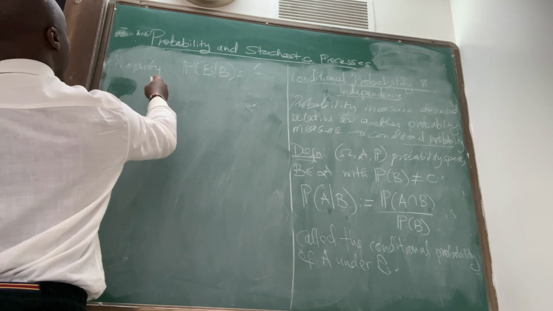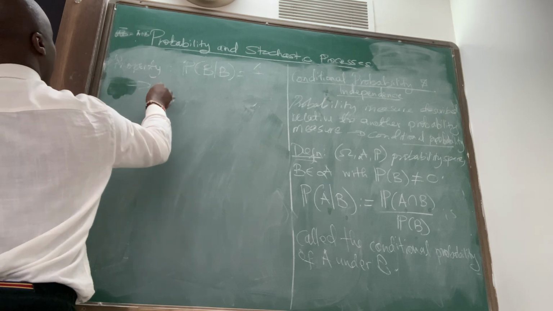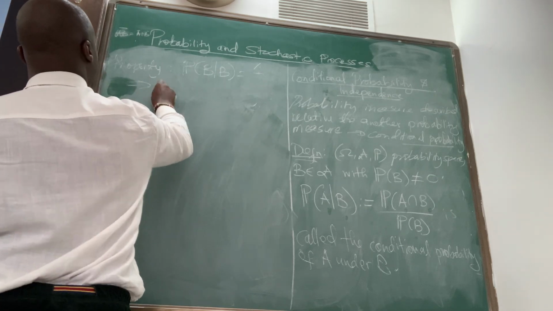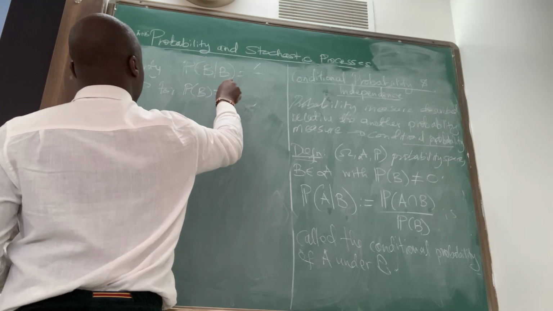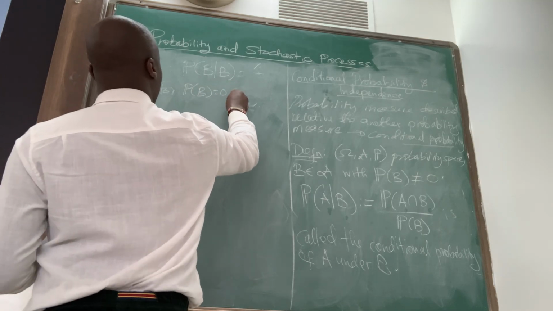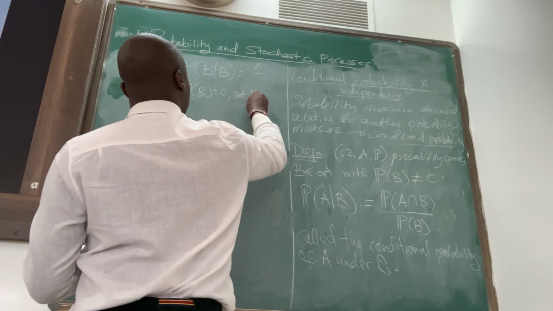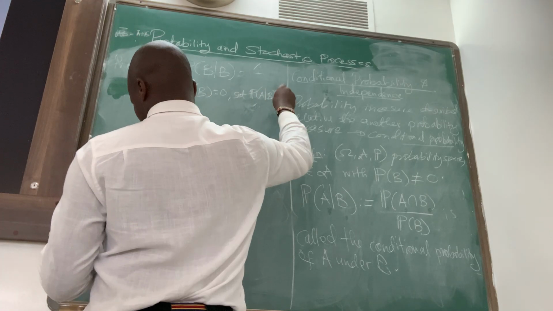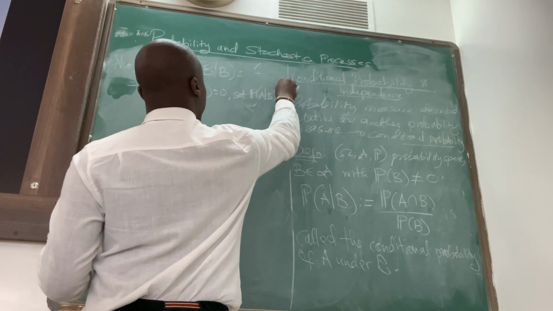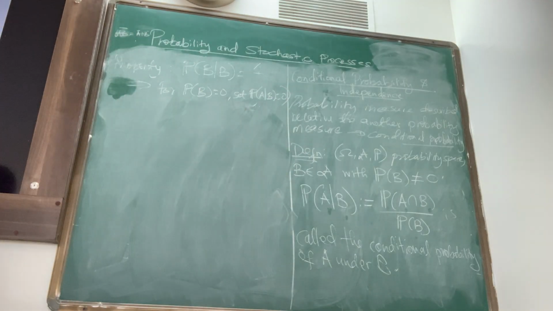So I just want you to take note also that for the case where probability of B is equal to 0, let's always just set probability of A given B to be 0. So define it like that, so that you don't get into those scenarios of dividing by 0.